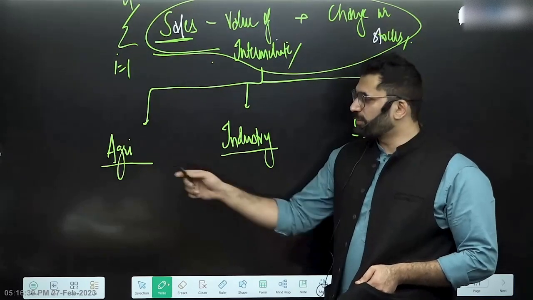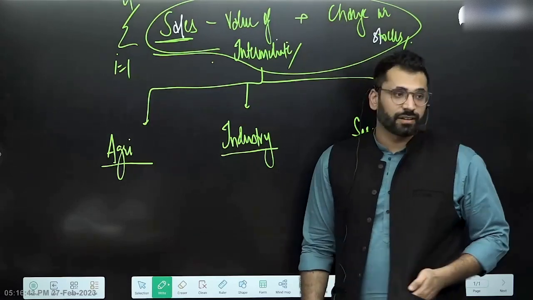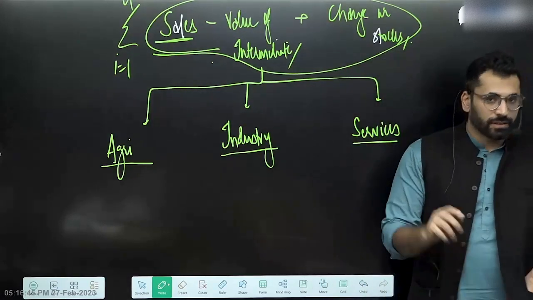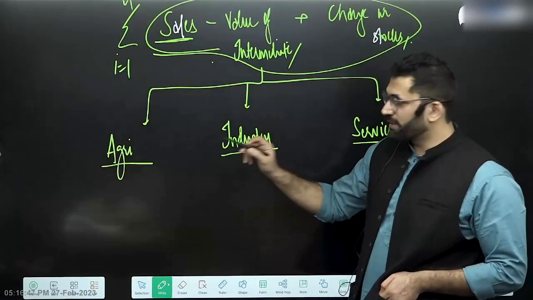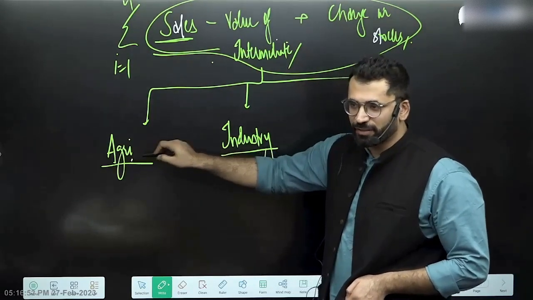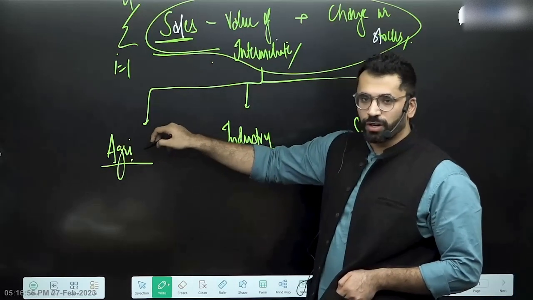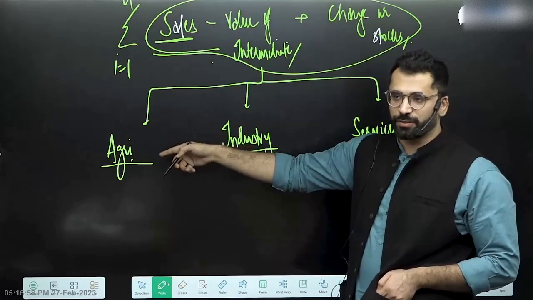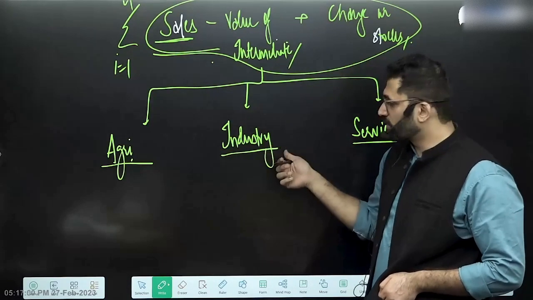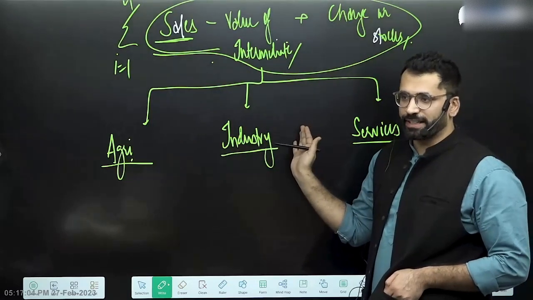So is the raw material not converted into finished good in agriculture? The whole idea is that the raw material here is natural. This is the difference between agriculture and industry. The raw material here is natural. You work on natural raw materials to process into certain goods. You use those natural raw materials to produce certain activity, value addition.